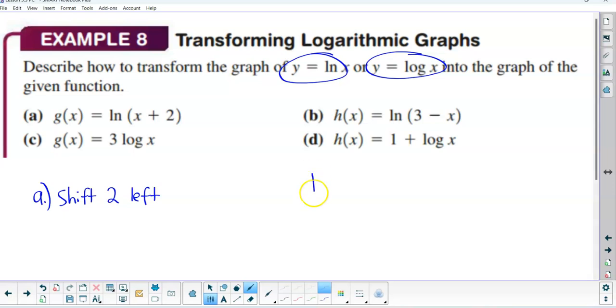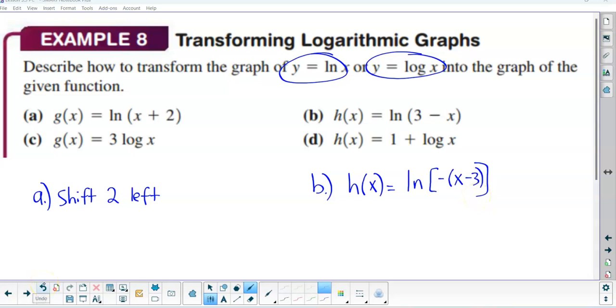Part B. This one's a little bit tricky. I'm going to rewrite this natural log function. I'm going to take the negative out. I'm going to write it as x minus 3. I know that's kind of tricky, but here's why I did that.